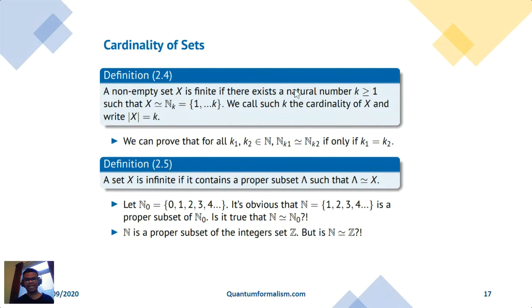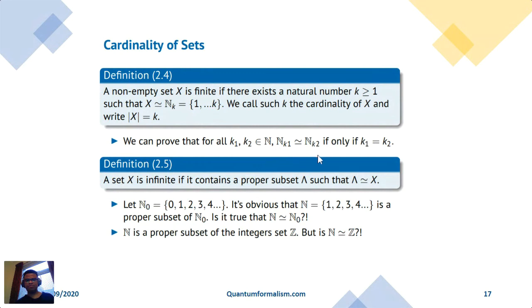Whenever there is such a k, we say X is finite. We call k the cardinality of X. I could have also said X is infinite if there isn't such a k, but I prefer this one here.